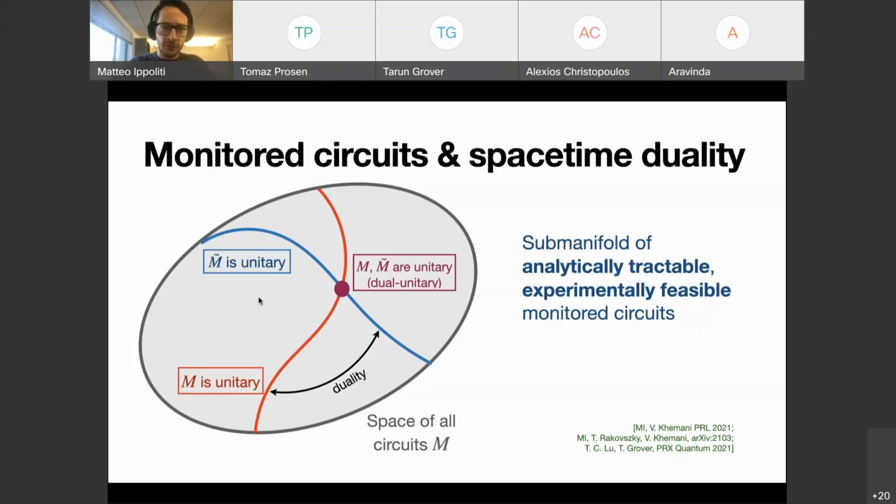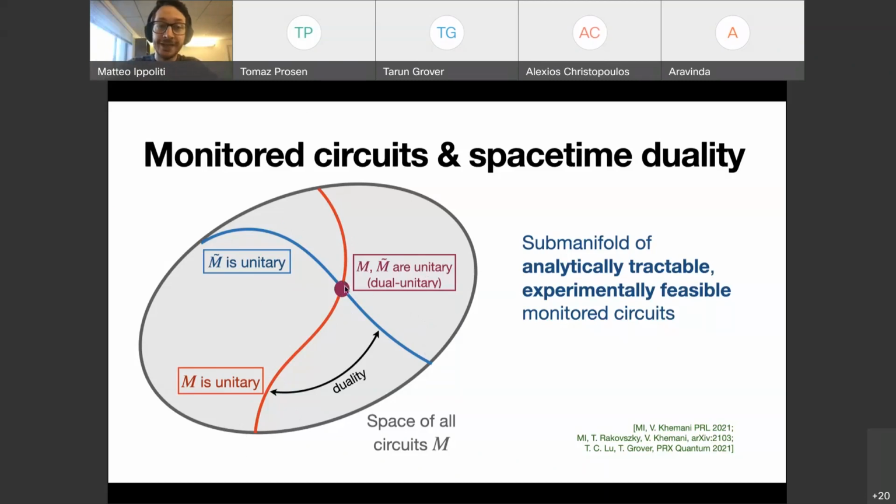To give you a pictorial representation, imagine we have the space of all possible circuits, including all kinds of unitary and non-unitary elements. In this space, we have a submanifold of unitary circuits, this red line here, which is simply obtained by not using any measurements or any non-unitary process. Acting with space-time duality gets us from this manifold to this other blue one, which consists of all the circuits that may or may not be unitary but have a unitary dual.